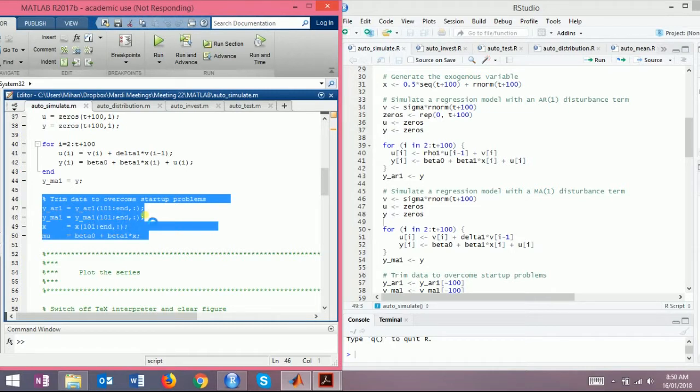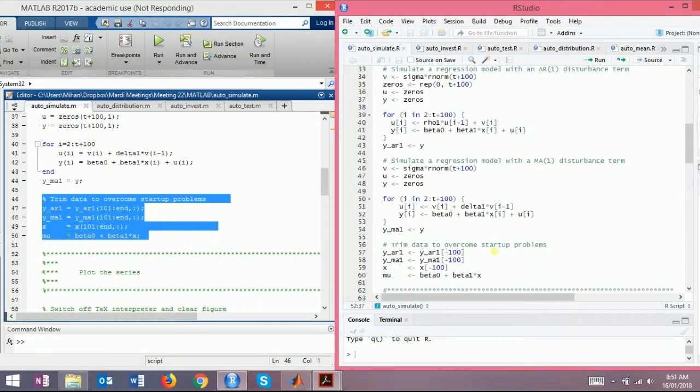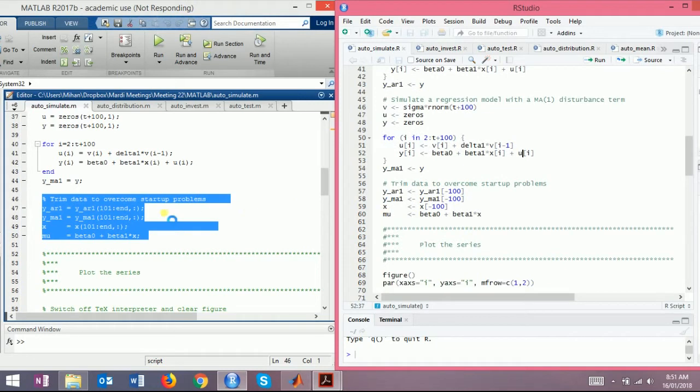The first 100 rows are not very good, not very efficient. And YMA1, the first 101 are not taken. Now how we are doing it in R, we're doing it in a much easier way. Instead of specifying the columns, we're just saying whatever it is, remove the first 101 in YAR1, MA1. X, remove the first 100. That's all.